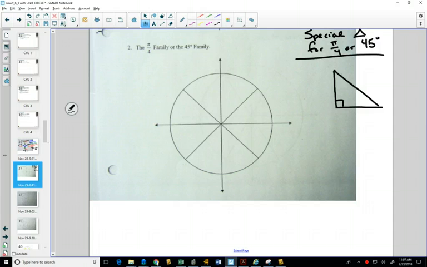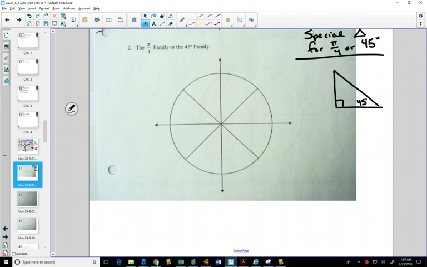And if I want to make a special triangle for 45 degrees, well, one of the angles has to be 45 degrees. What's the other angle going to be? In that triangle, if one of the angles is 45 degrees, it's a right angle triangle.